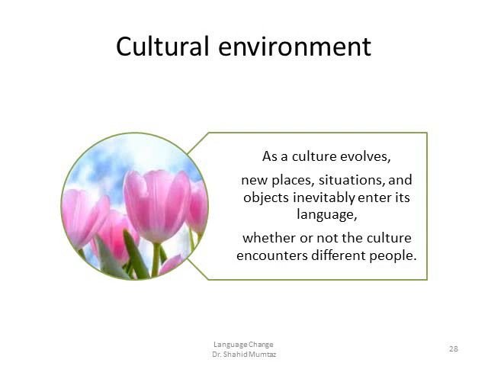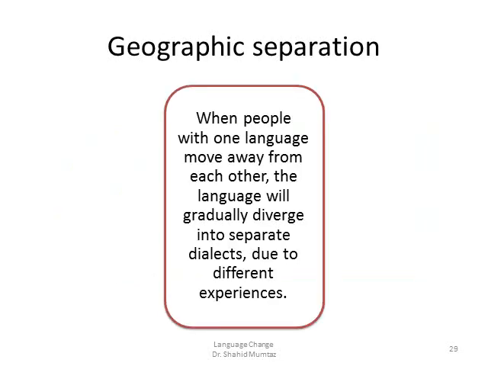Cultural environment is also one of the causes of language change. As a culture evolves, new places, situations, and objects inevitably enter its language, whether or not the culture encounters different people. Geographic separation is another cause of language change. When people with one language move away from each other, the language will gradually diverge into separate dialects due to different experiences.